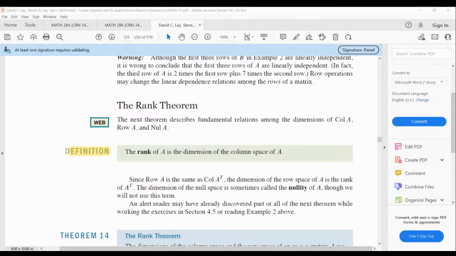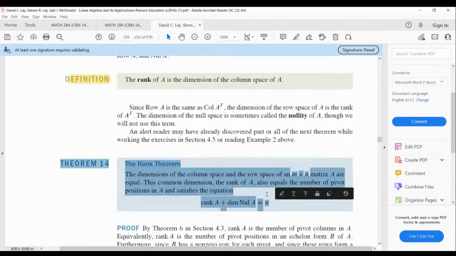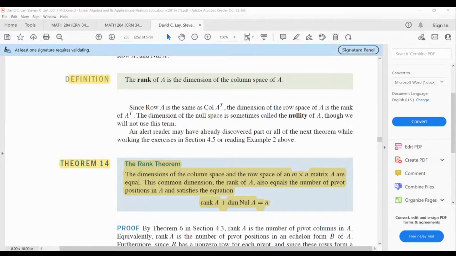So by the rank theorem here, theorem 14, the dimensions of the column space and the row space of a matrix are equal. Okay, that's an interesting result, but it's true. And if you take the rank of A, which is the dimension of the column space of A, and add the dimension of the null space of A, that's going to equal your number of columns.